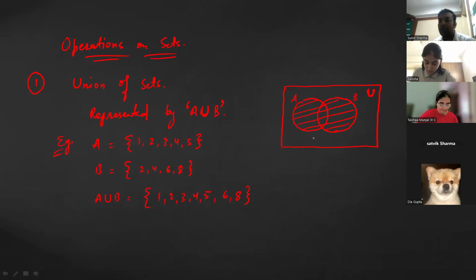All the elements of A and all the elements of B will be there in A union B. So this is how we represent it. You will have to learn the representations of A union B and other operations using the Venn diagrams, right? So this is A union B here. I hope it is clear.